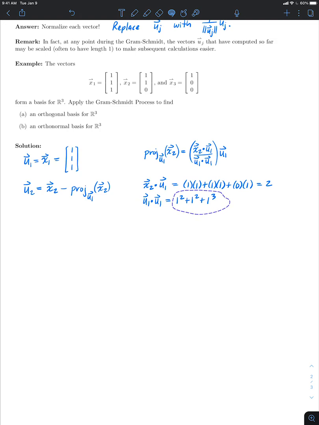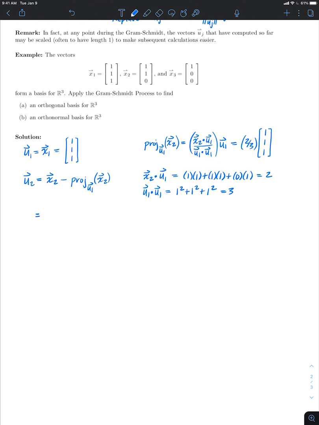Oops, why did I have a 3 there? It should be a 2. Okay, so you're going to get 1 squared plus 1 squared plus 1 squared. That's what you're going to get when you take the dot product of u1 with itself. So that's 3. So that means this projection is 2/3 times u1. Okay, so that's what we want to subtract from x2 to get our u2 down here.